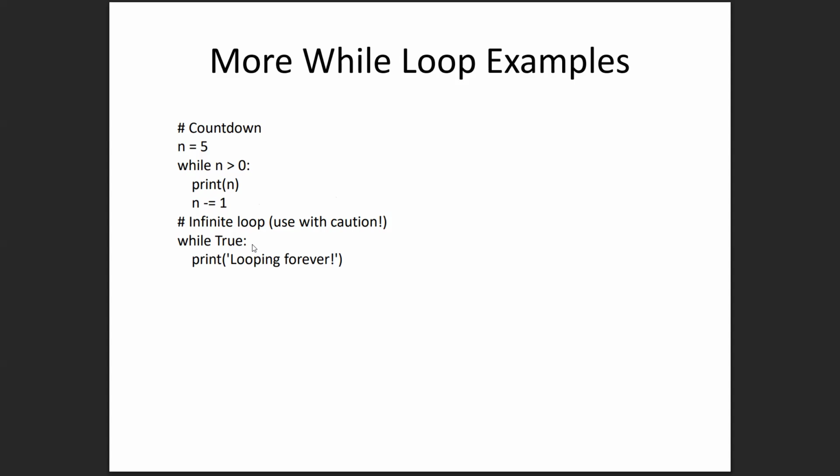Just see the next example. While true, print looping forever. It means while the condition is true, here we did not use any condition. We did not mention any increment or decrement variable. So it will go to the infinite loop and it may cause the infinite loop forever.